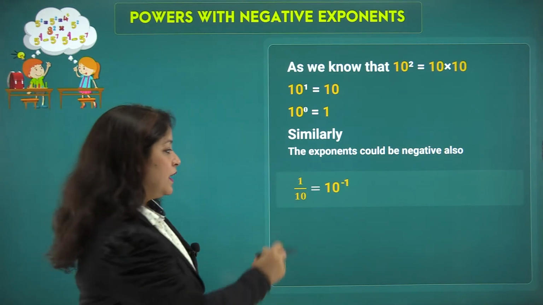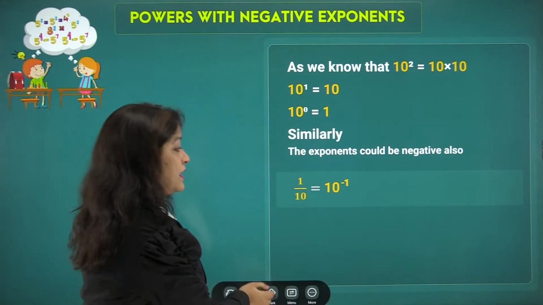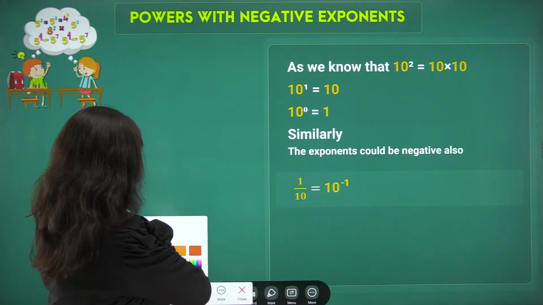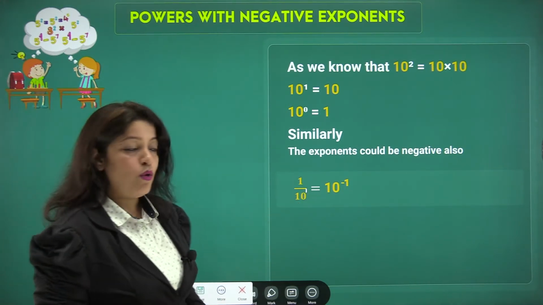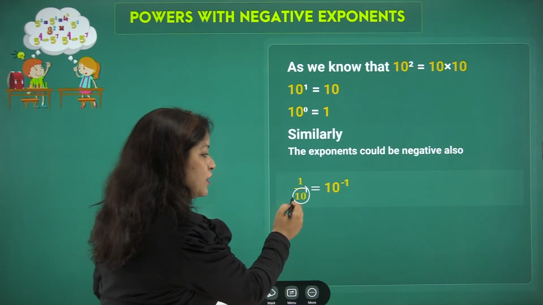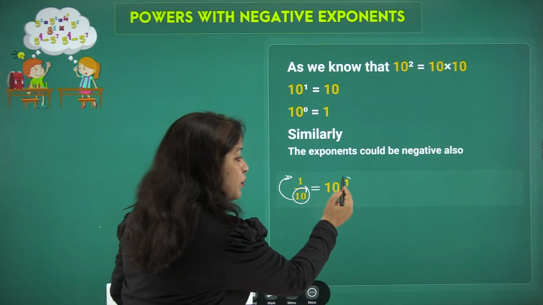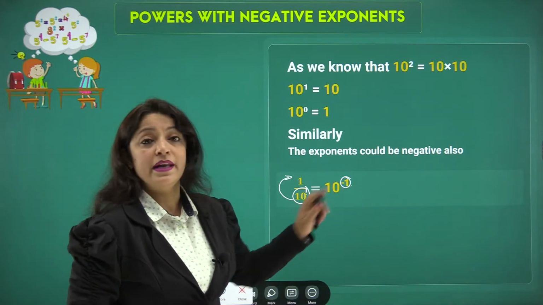So remember, in the denominator, what is the power of this 10? You can easily see there is no power of this 10. That means still we can say that the power is 1. And now when this 10 raised to 1 from denominator shifts to the numerator, that means the power now becomes minus 1. So from 1 the exponent becomes negative.